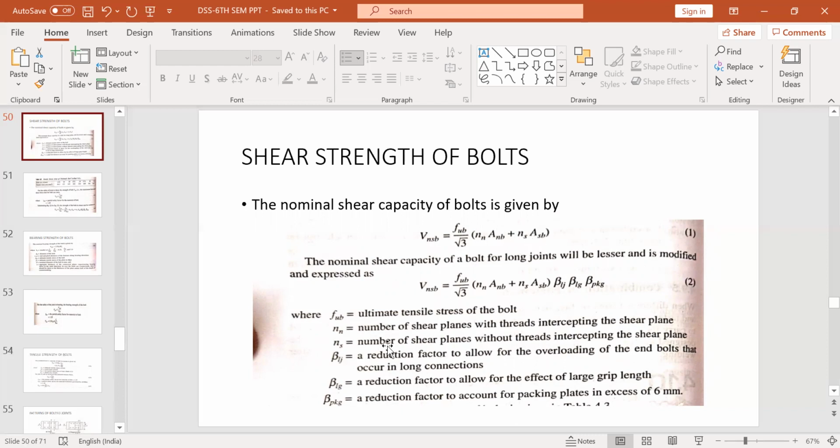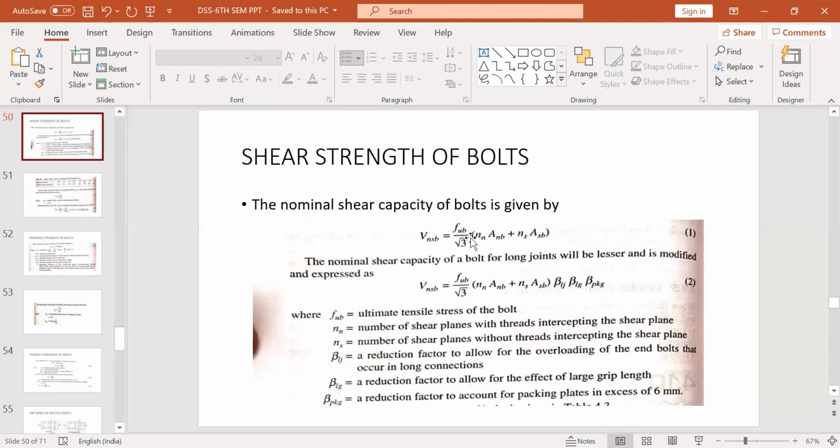That is Ns, the number of shear planes without threads intercepting the shear plane. This will be 0 because there is no provision of without threading. The entire shank of the bolt is being threaded. This is the first assumption that you are making for unturned bolts. So this portion will be gone.